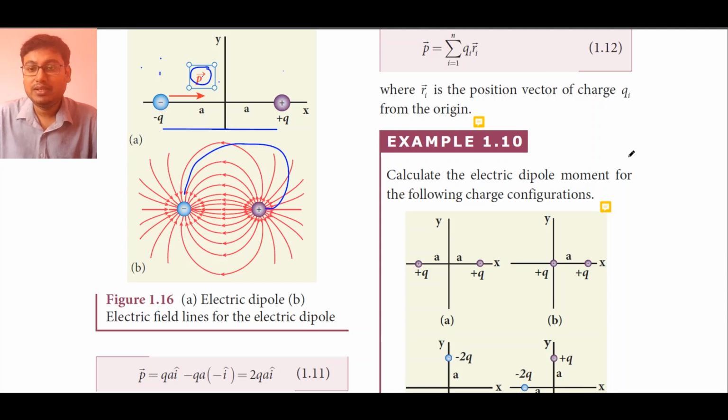In our previous video we have seen that from a positive charge electric field lines go outward up to infinity, and to a negative charge electric field lines come from infinity. The same thing is here. Electric field lines are coming from the positive charge and going towards the negative charge, and in the center you can see here from minus q to plus q. So this is about the dipole.